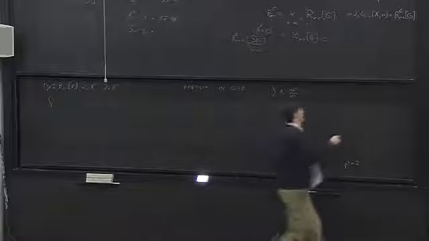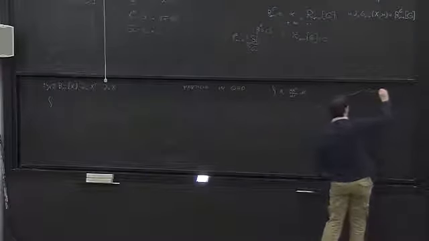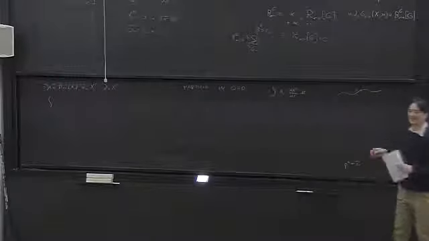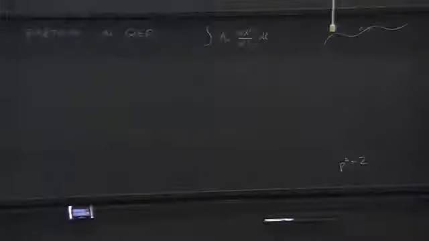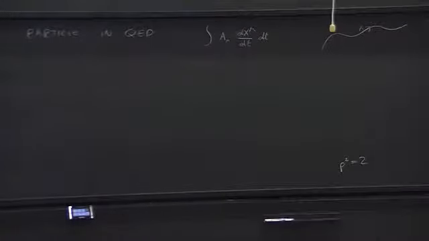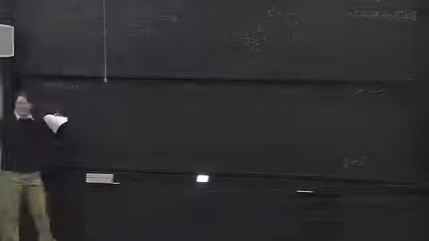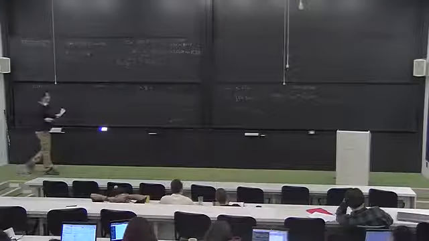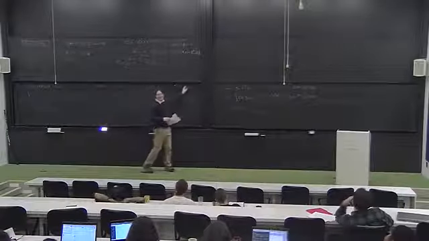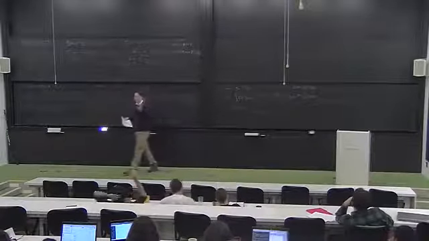You have the trajectory of the particle, and you integrate A along it. That tells you that the particle is charged under your gauge field. So this coupling is a string version of that. A particle couples naturally to a one form because you can integrate a one form on the worldline of the particle.